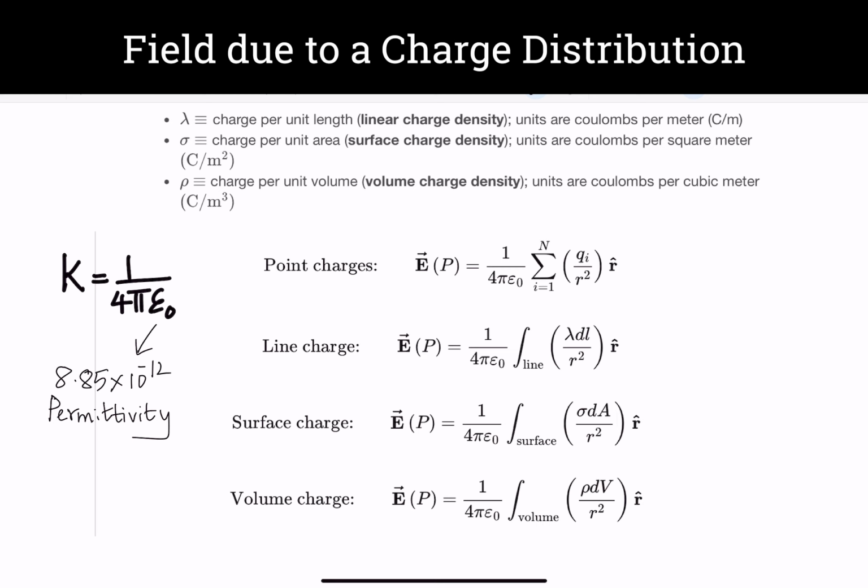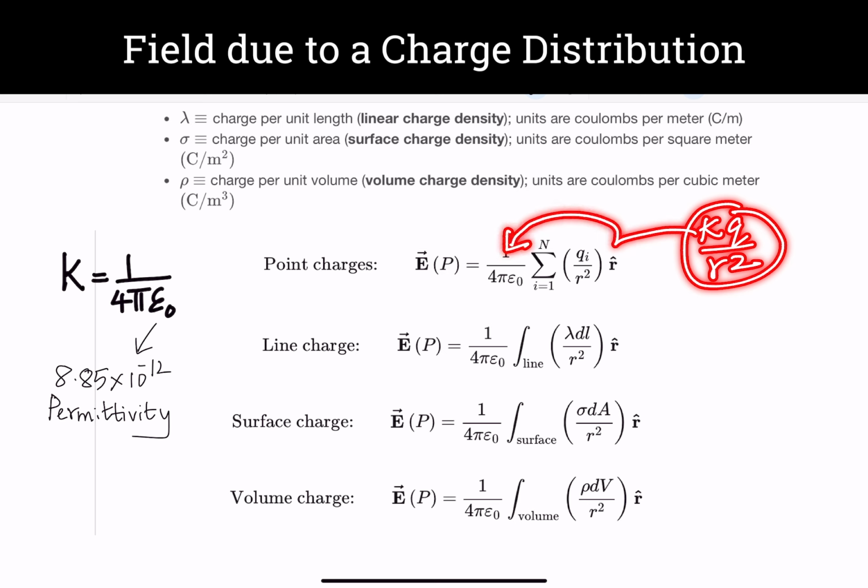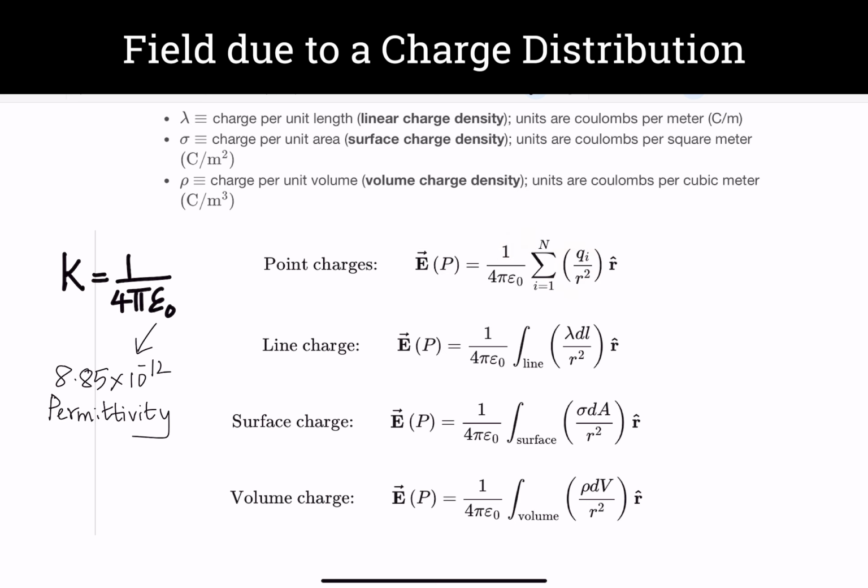The total electric field due to a lot of point charges is the summation from 1 to the nth charge of Qi by R squared. Where did we get that from? Remember, it's KQ over R squared for a single point charge. We took the K out and you have Q over R squared here.